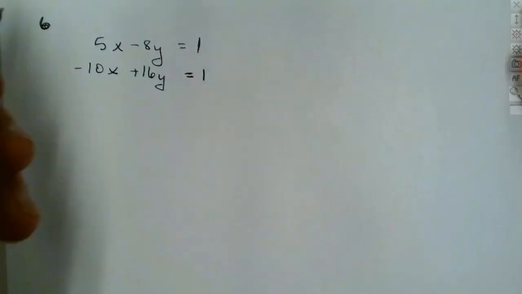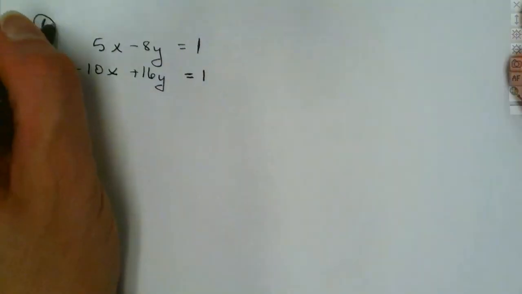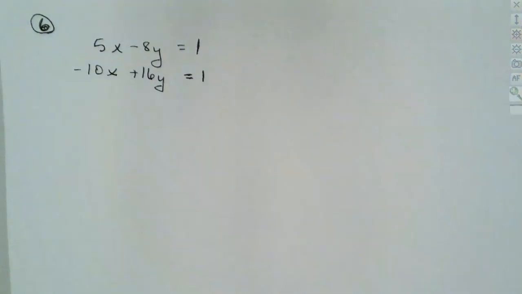All right, so we'll start with question 6. Now you can use substitution. The easier way, though, in most cases is going to be elimination. I had to show you substitution last time, but we did a lot more with elimination. Now, when we eliminate, we want to eliminate for one of the variables.